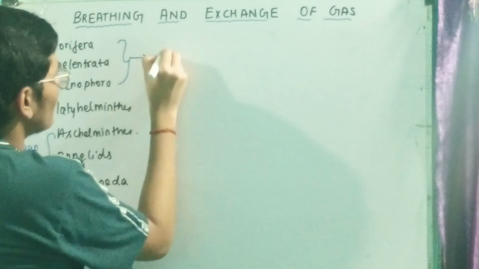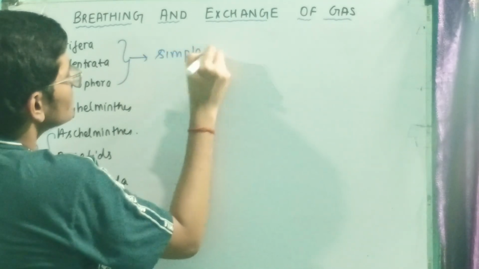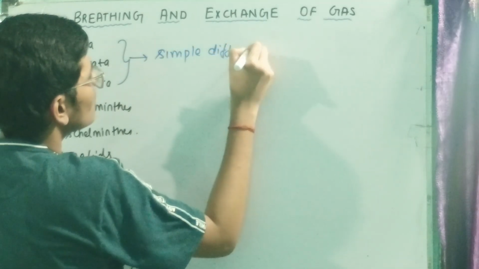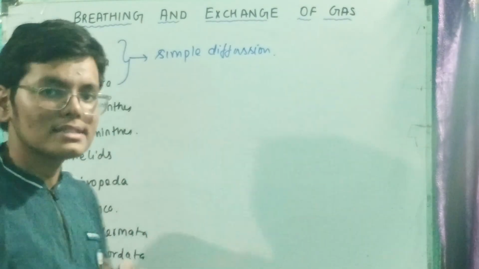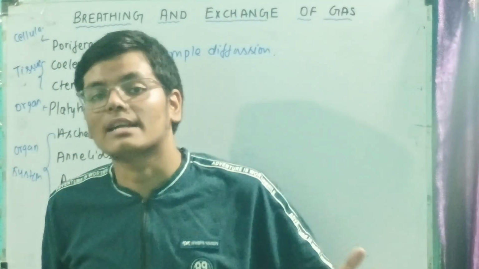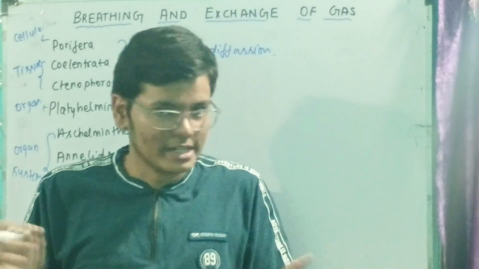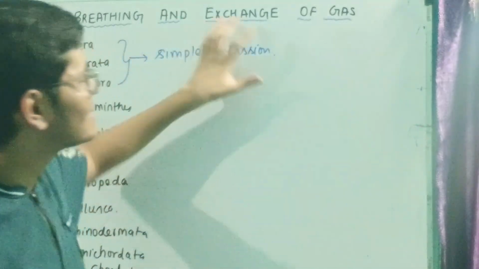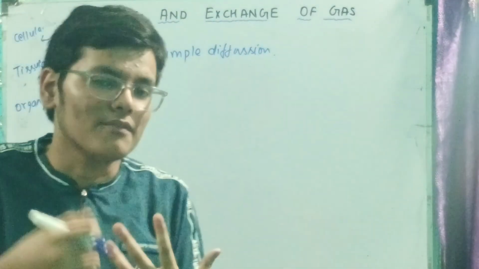They perform respiration by simple diffusion. What is simple diffusion? They perform the whole process of exchange of gas and breathing by simple diffusion, that is, maintaining the pressure gradient. How do we understand this process of diffusion, or how can we visualize this?